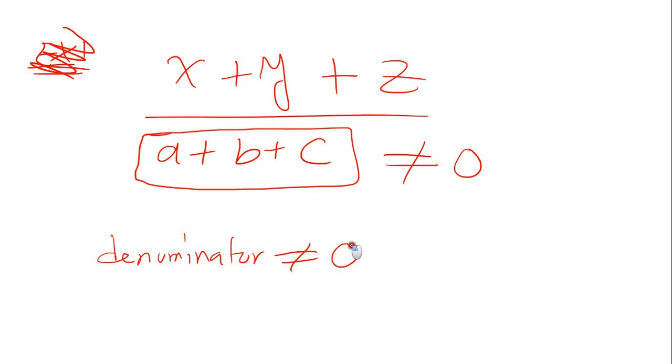Because if you divide by zero, you essentially explode and get an infinity. If you divide by infinity, you end up going to zero. Think of a dollar divided up by a million people. How much money does everybody get?